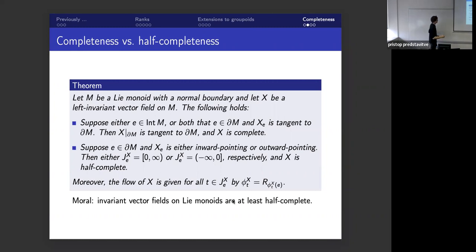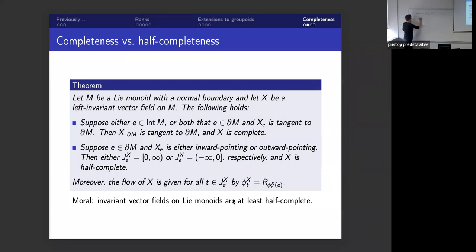So first of all, if we have an inward pointing vector, say X_G inward pointing at G from the boundary of M, then there's really no hope that our J_G X is going to contain an open interval around 0.